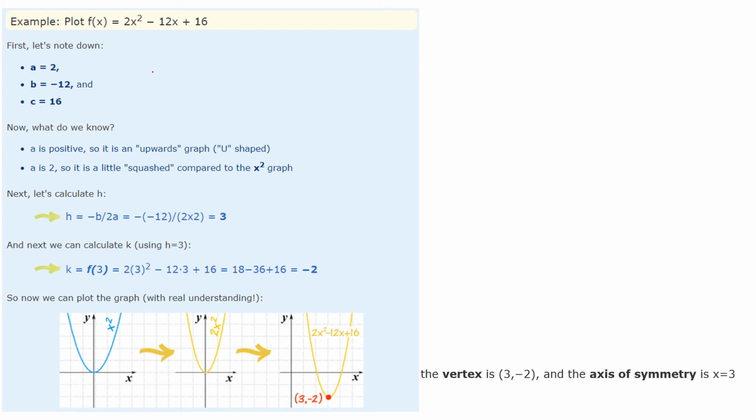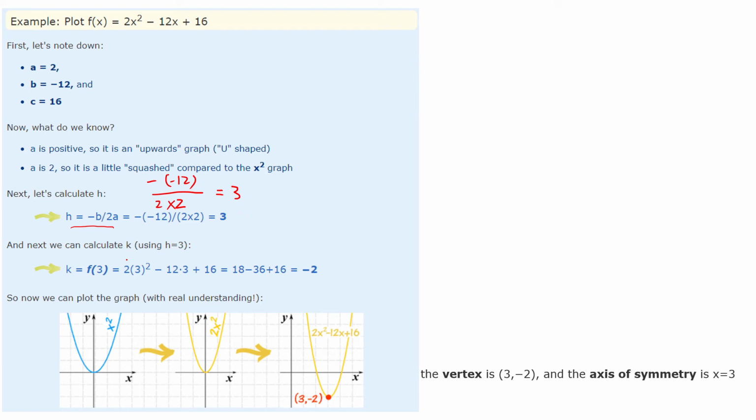For example, if the graph is f(x) equal to this, we can use the formula here. First, we note down a, b, c values, right? And then using the formula, we can calculate h equal to negative b, where b is negative 12, and a is 2, divided by 2 times 2. We have h equal to 3.